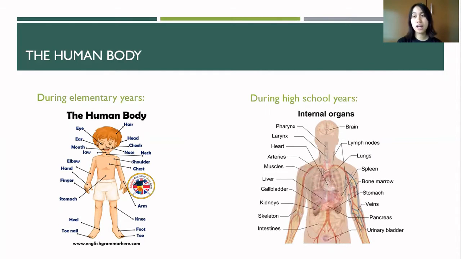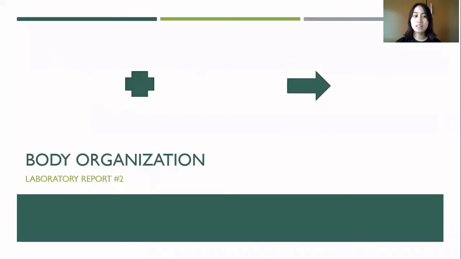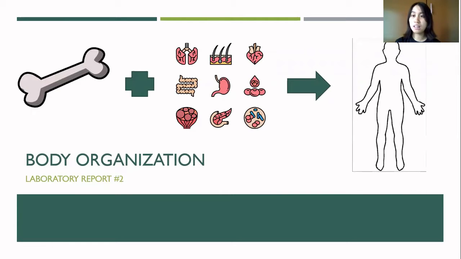So for today, I will be doing a report on anatomy and physiology, specifically a lesson on the body organization of an organism, on how we are made. So we all know that the human body is composed of bones or skeletal systems and different organs that make up the whole body.